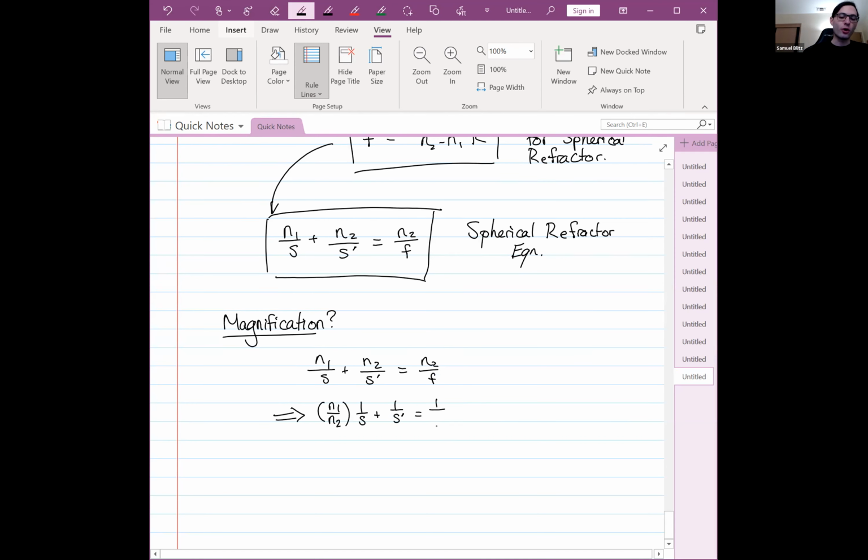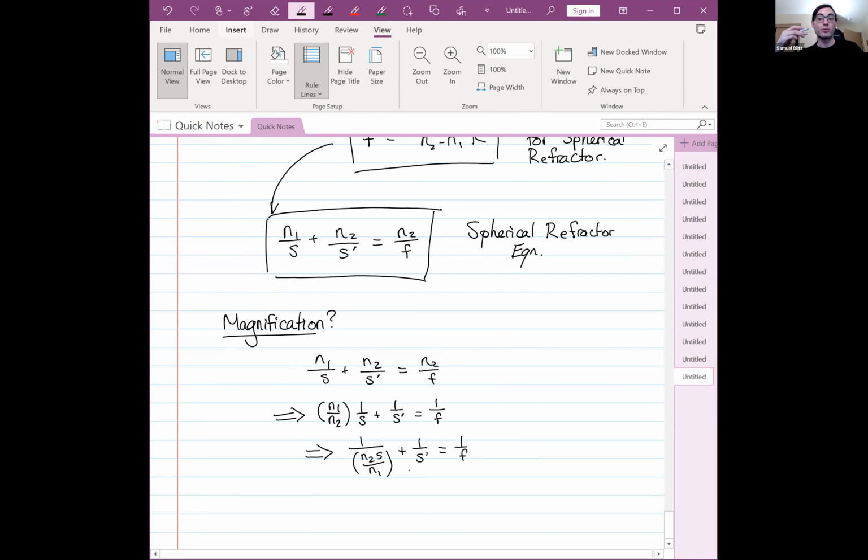And so now this formula precisely matches the formula that you would have for a spherical reflector, except the object is now at a different place. That is, this is exactly as if the object was at n1s divided by n2, plus 1 over s prime equals 1 over f.